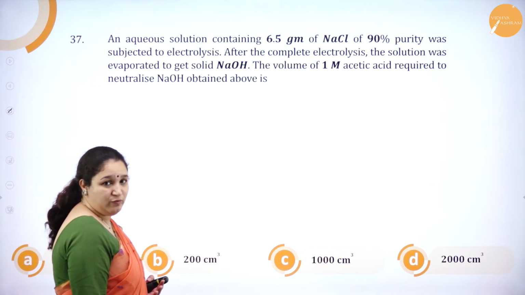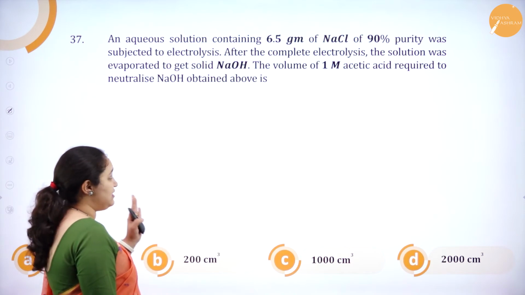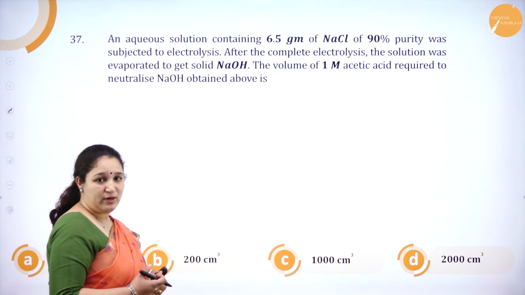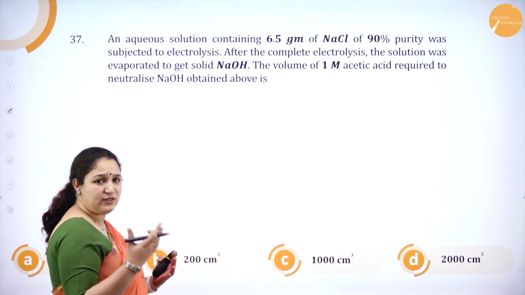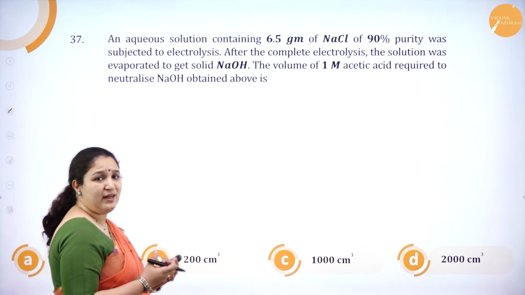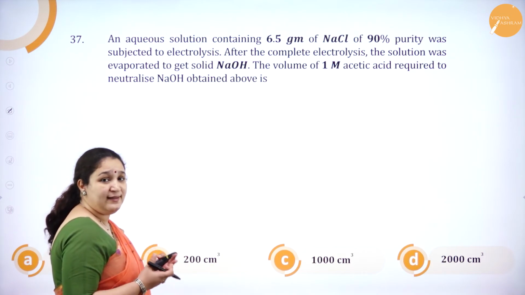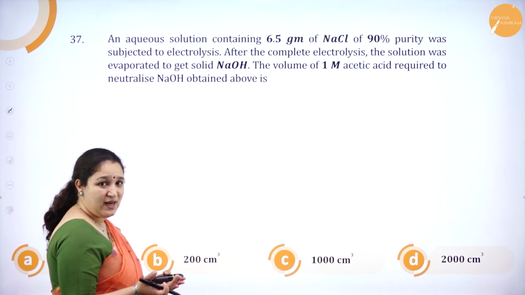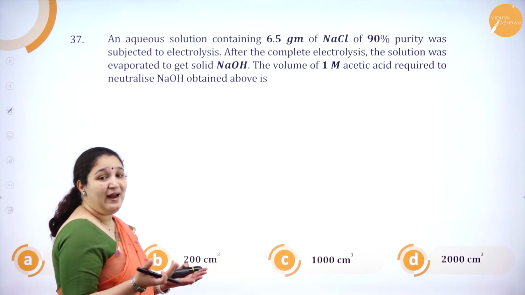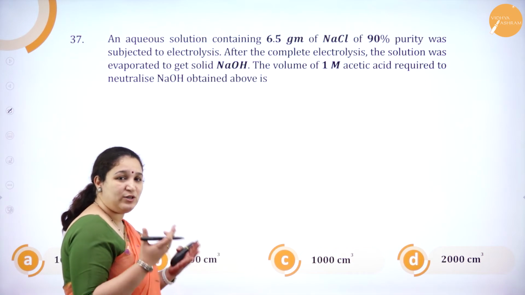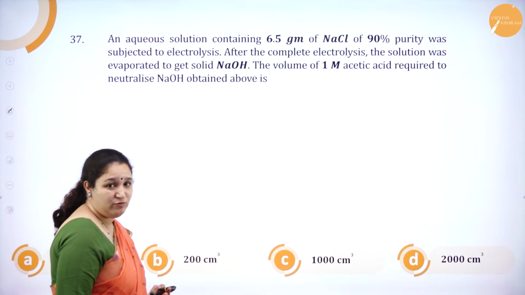So what do we need to find out? We have NaCl solution of 90% purity which was converted into NaOH. Then that NaOH was neutralized with acetic acid. And the volume of acetic acid required to neutralize NaOH is what we need to find out.